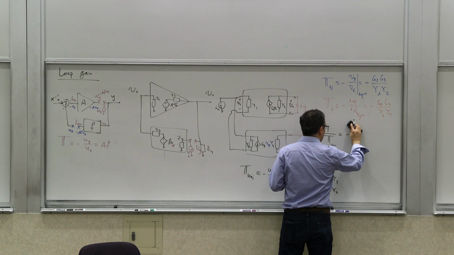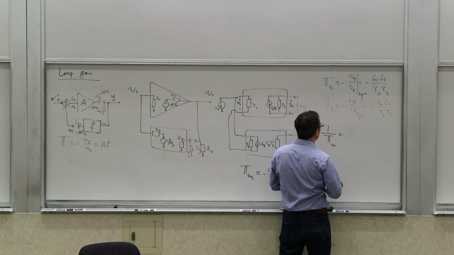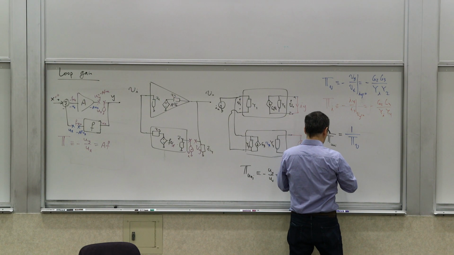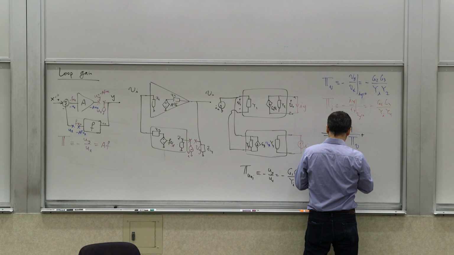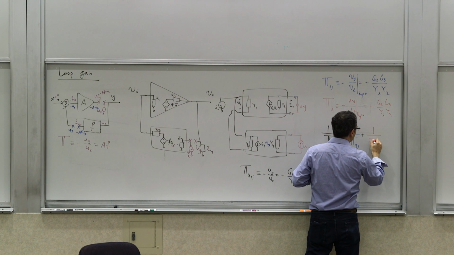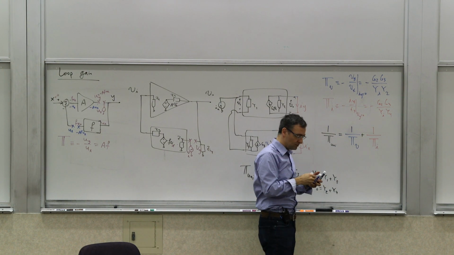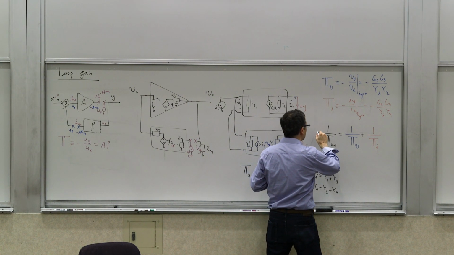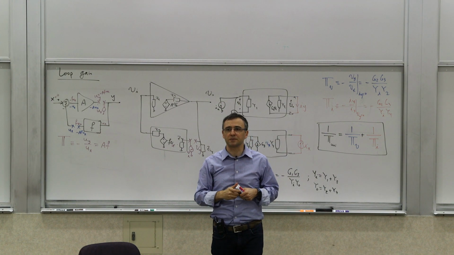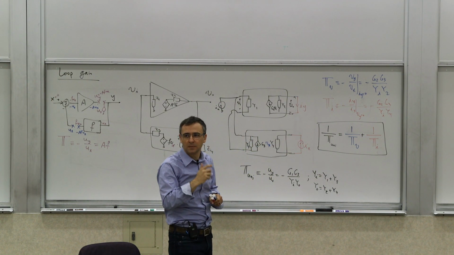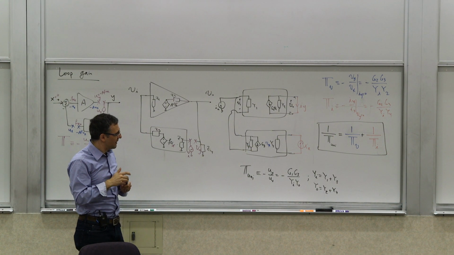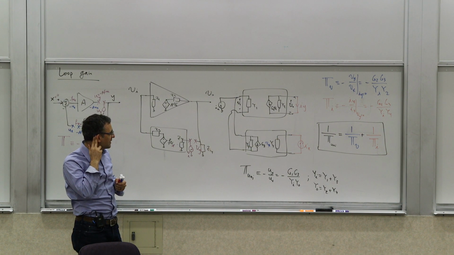Oh, well, maybe I can keep the color code. For unilateral. And then there's a modification to this. There's a correction to this for bilateral. And the correction is not large, actually, depending on how much, of course, reverse gain you have, but typically it's not.